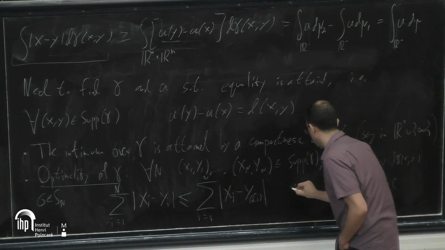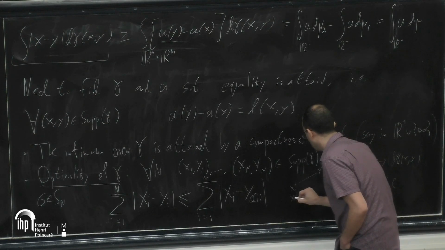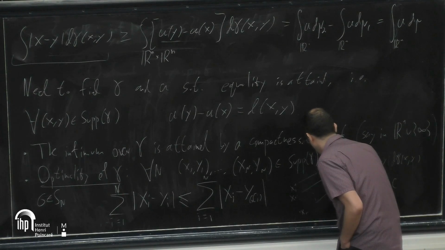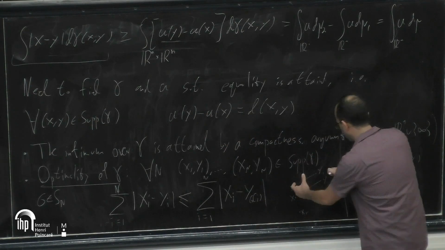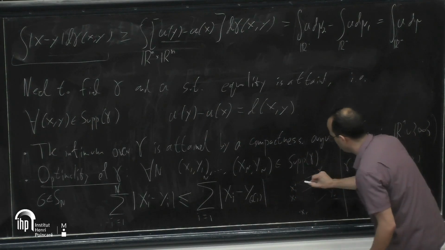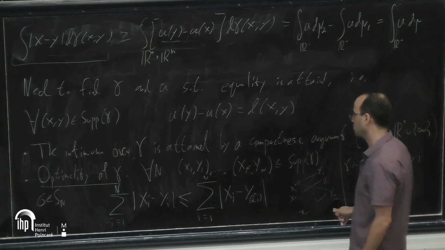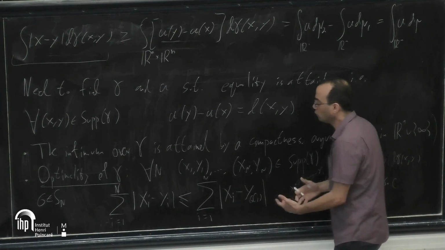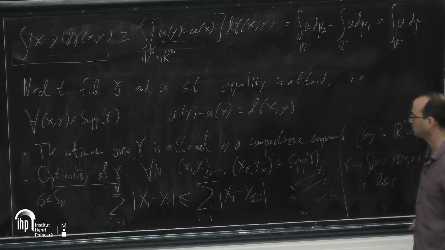So if I have x1 goes to y1, x2 goes to y2, etc. If this inequality was violated, then I could make some switch and take some epsilon mass here, and switch it and improve upon this optimal map. So there cannot be a permutation that improves the cost, and this is the optimality of gamma.